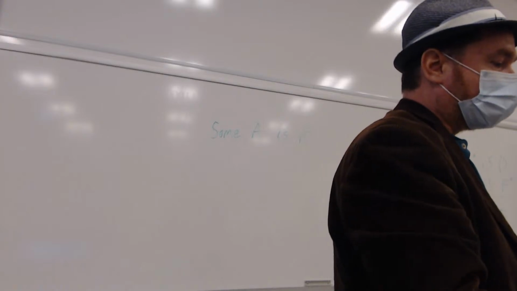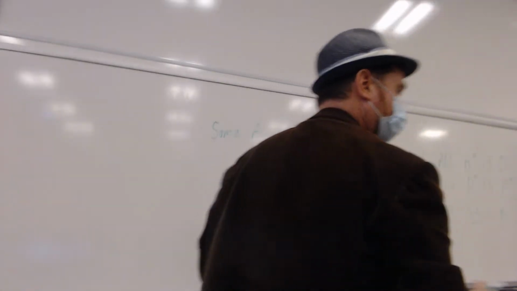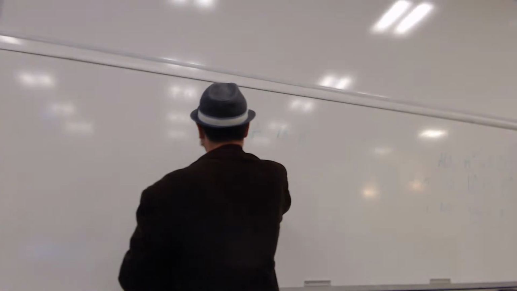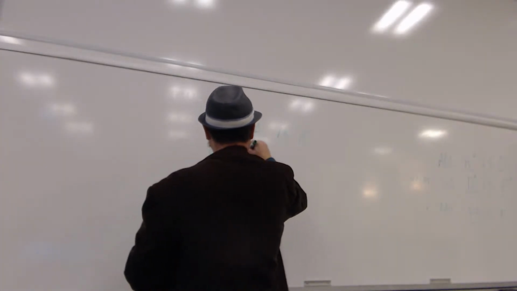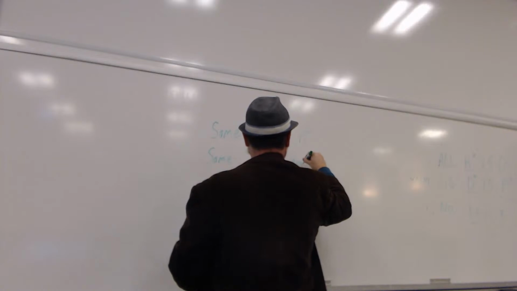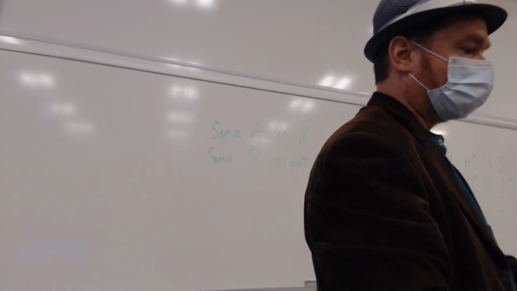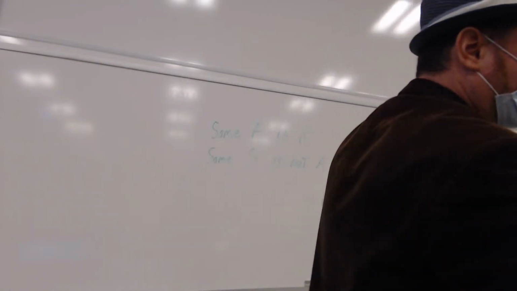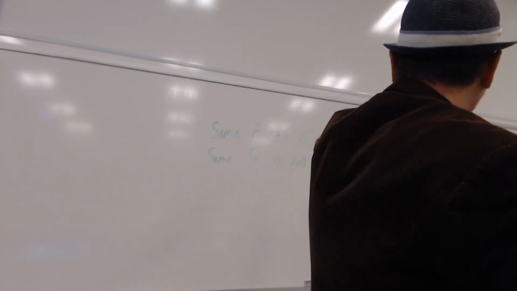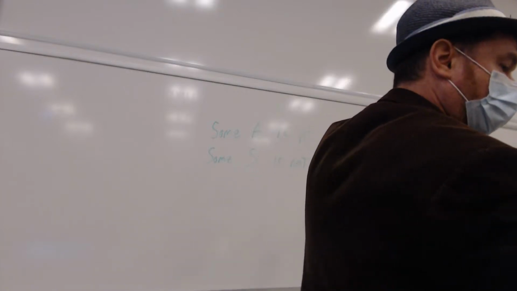Some actions approved by society are not approved by reformers. Let me check that. I think that's right. Some actions approved by reformers are right. Some actions approved by society are not approved by reformers.